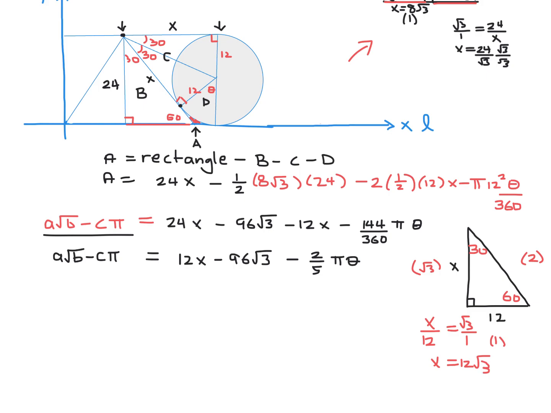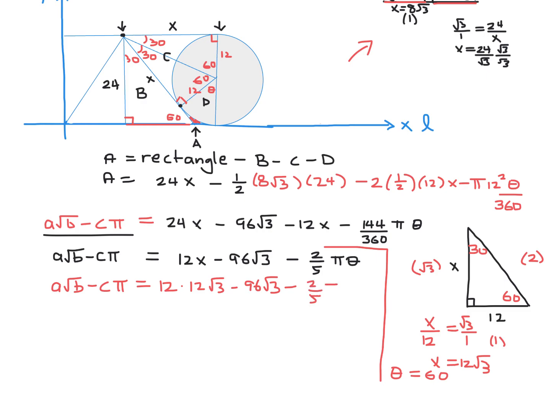And this is 60 degrees. This is also 60 degrees. So then theta must be 60, since all those angles have to add up to 180. Okay, we got everything. So let's plug it back here and see what we get. So a root b minus c pi. So x, we are going to put 12 root 3, minus 96 root 3 minus 2 over 5 pi in 60 degrees, correct?